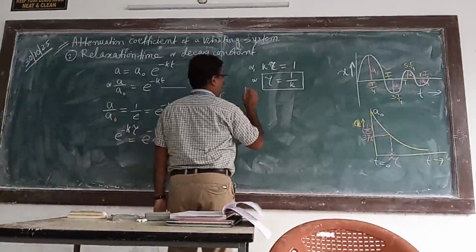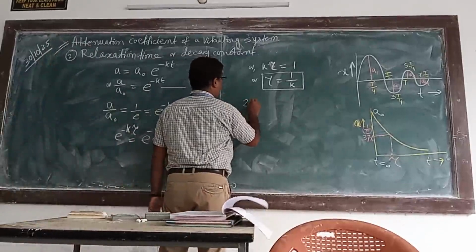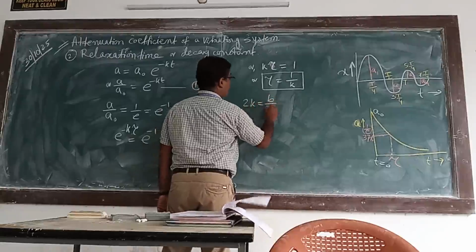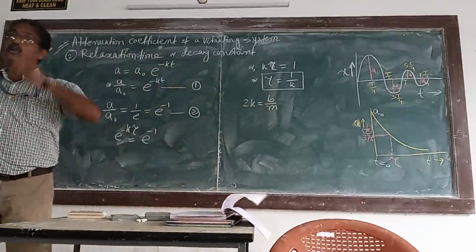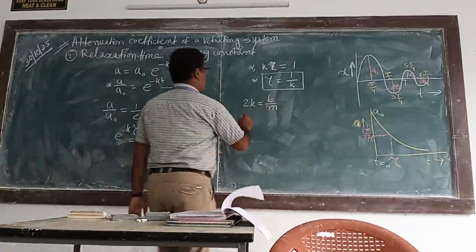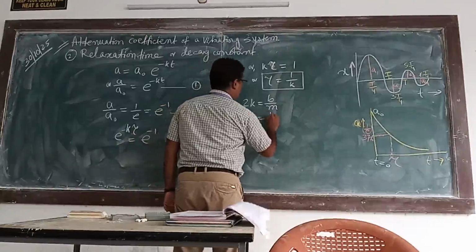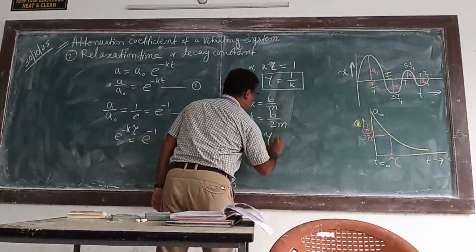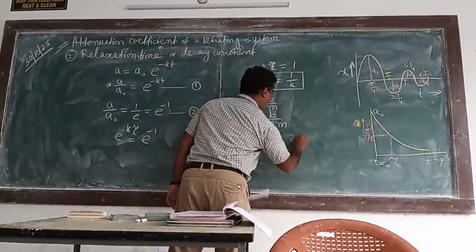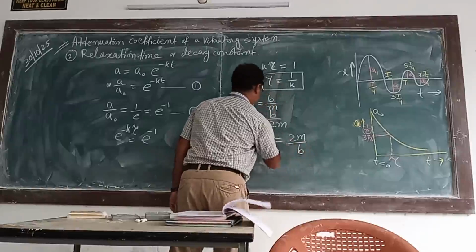And we know that 2k equals to b by n for the differential equation, or k equals to b by 2n. Therefore, tau equals to 2n by b.